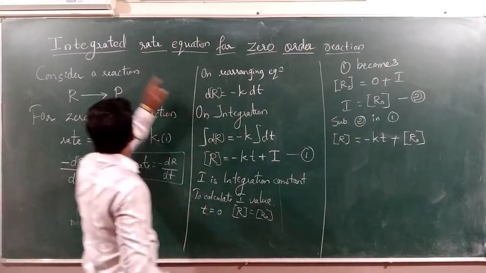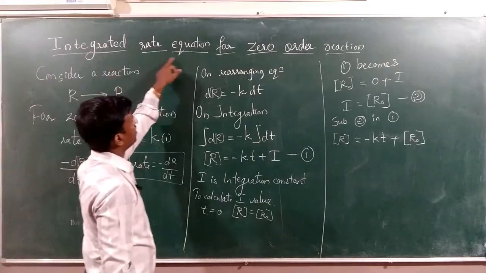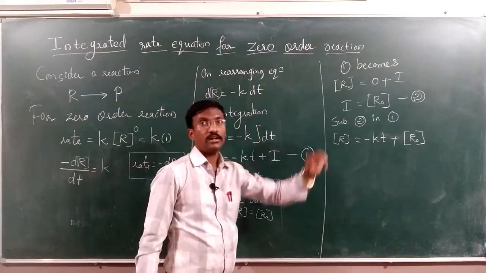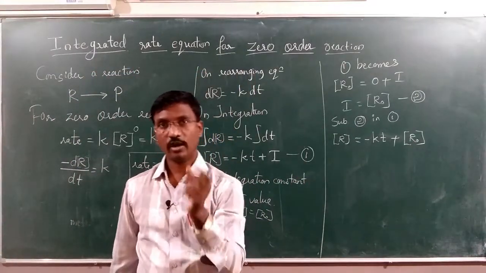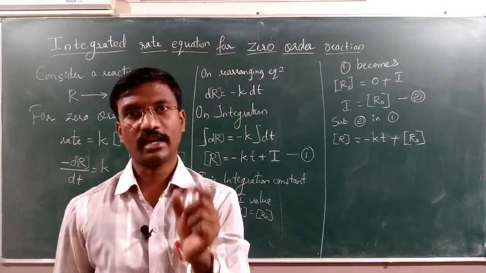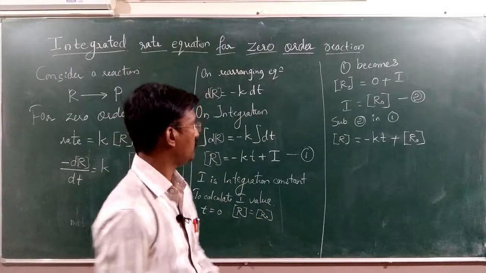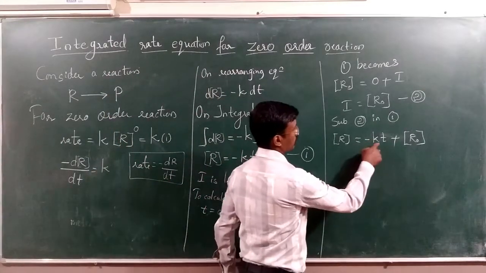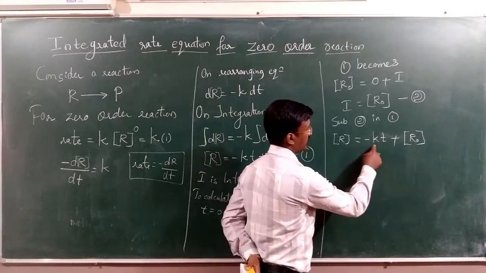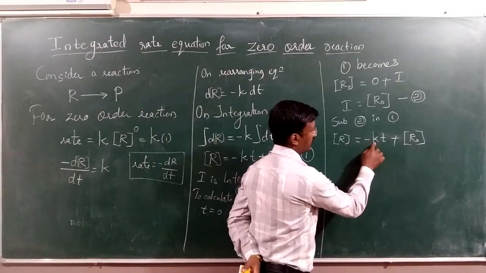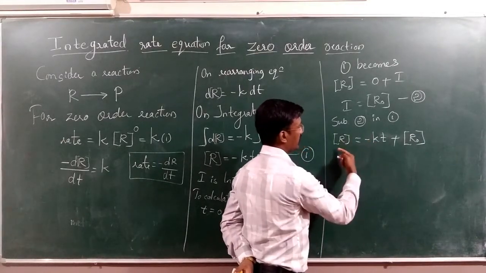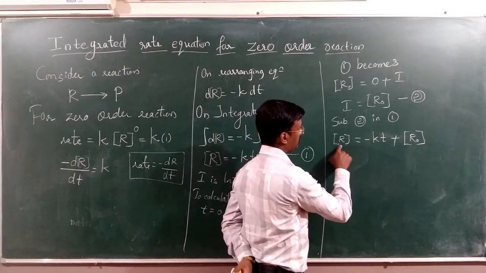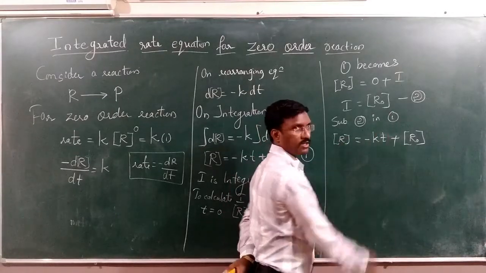Look here, we have to calculate the integrated rate equation for zero order. Rate equation is nothing but the equation for the rate constant. K we have to determine. We are not calculating the time, we are calculating the K. K is in the form of minus KT, therefore I will take this minus KT to the left side and send the concentration of R to the right.